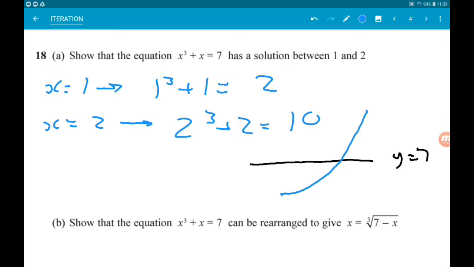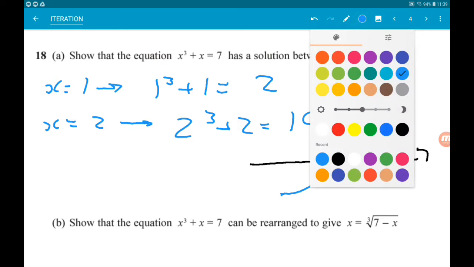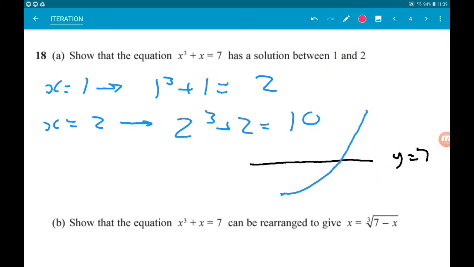Now, we've just shown that when x is 1, our value is 2, and when x is 2, our value would go across to 10.